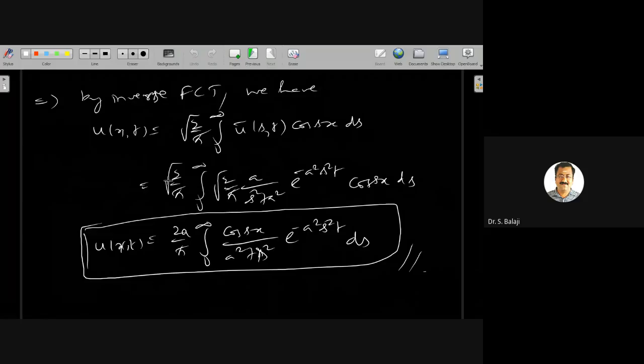Therefore, we take constants outside: 2a by pi, cos sx by s square plus a square e power minus s square a square t ds.